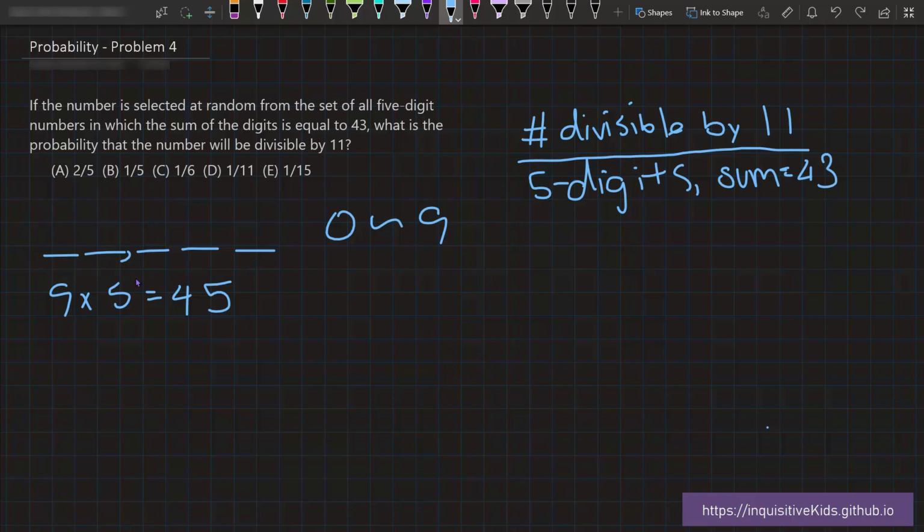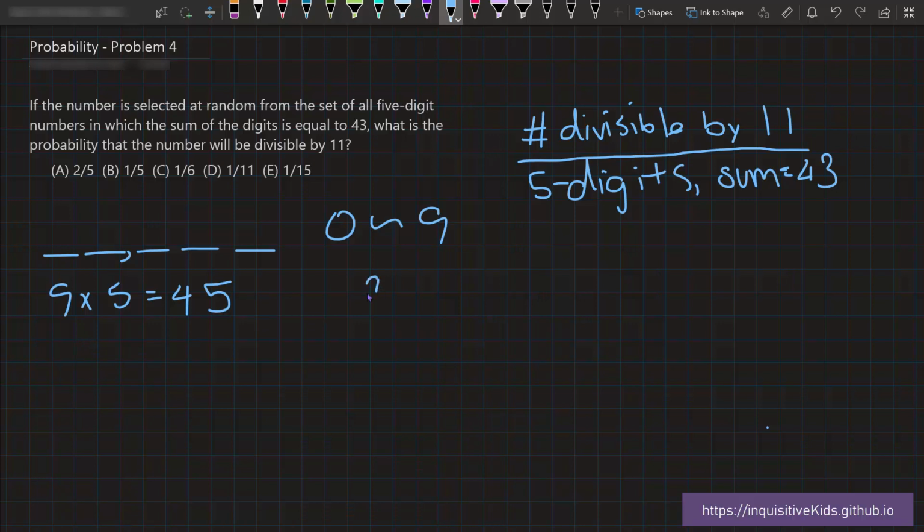We can do this by keeping all 9s and subtracting 2 from one number, or keeping all 9s and then subtracting 1 from one number and then subtracting 1 from another number. So we have two different cases to look into here.